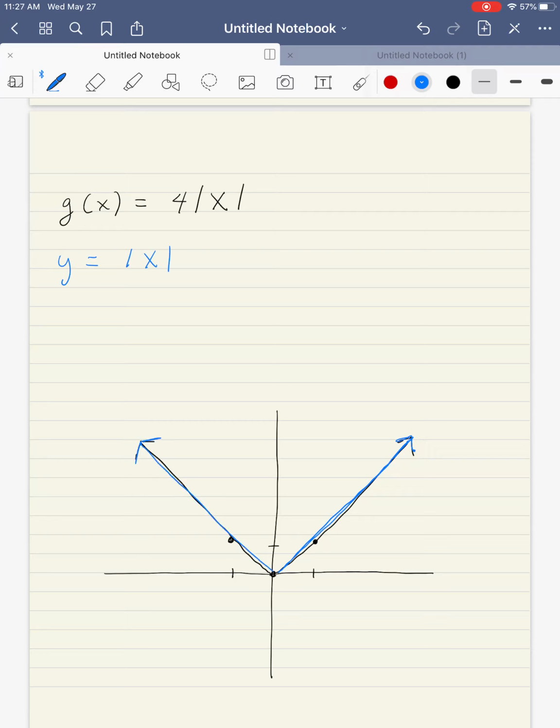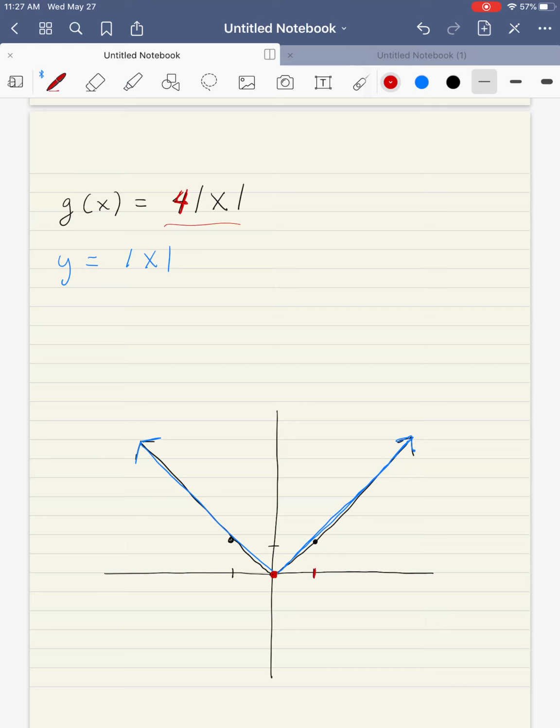So we're going to see that g, our function g, looks similar in shape to this, but each one of our values of y is multiplied by 4. So if we take x equals 0, the absolute value of 0 is 0, multiply that by 4, it's still 0.